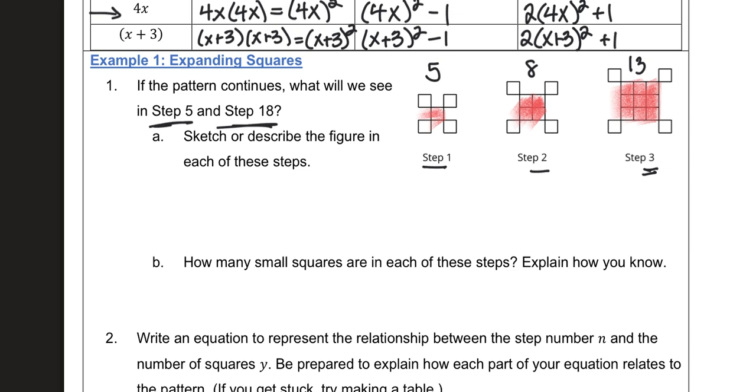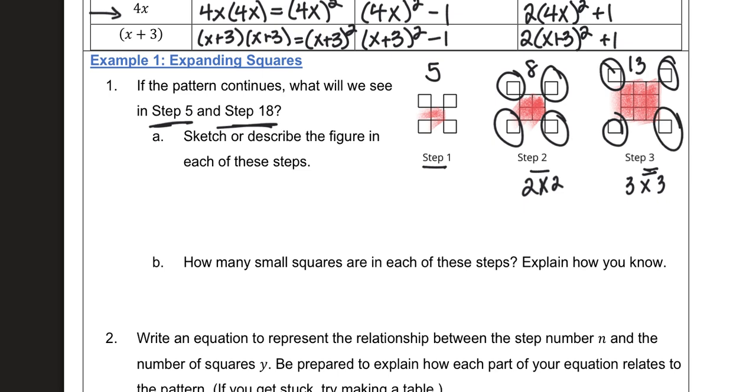So that tells me that we do have n squared, right? That's matching our step number. We have a 2 by 2 square, a 3 by 3 square, and then we have 4 extra in every single pattern. Okay, so what would a step 5 picture look like?